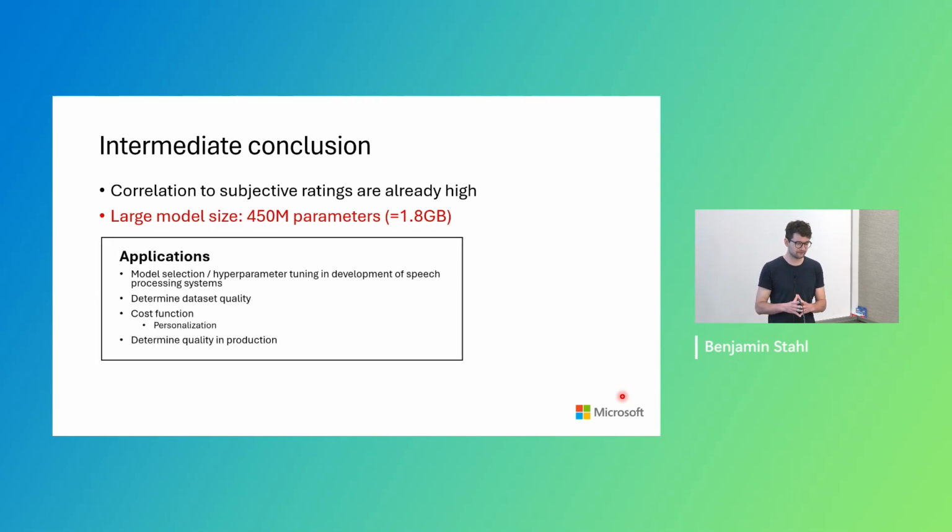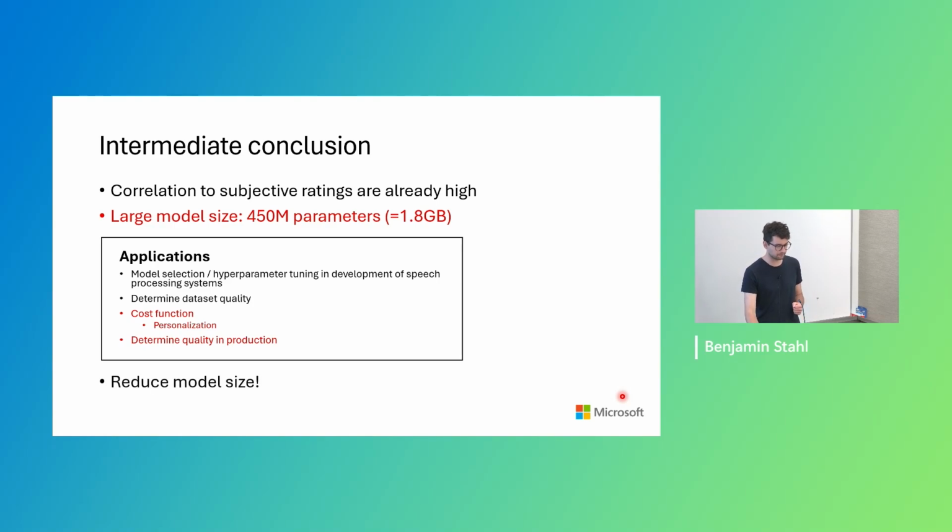And if I remind you of the applications that I earlier talked about, there's model selection, determine dataset quality, but the other ones, cost function, if I want to use this in a personalization setting on device for a user, or determine quality in production, it's not possible, because a product won't ship with a 1.8 gigabyte speech quality assessment model.